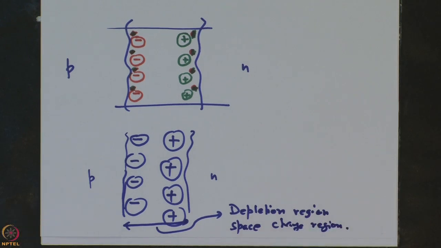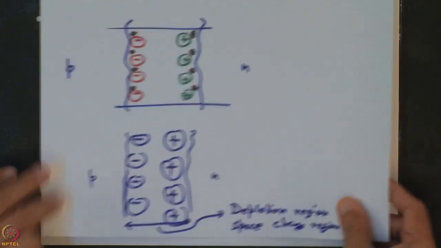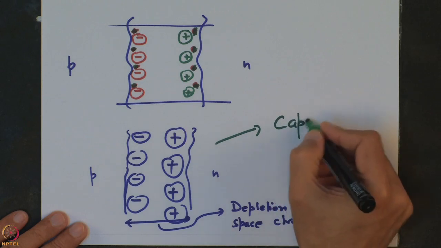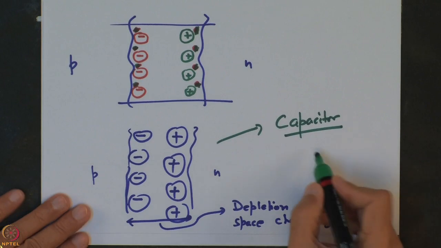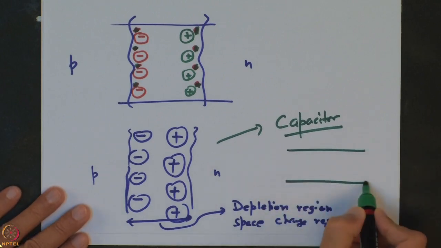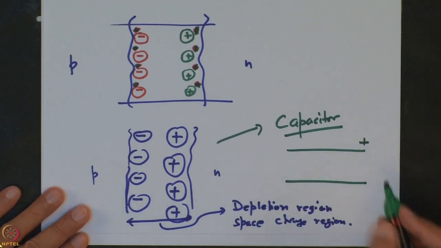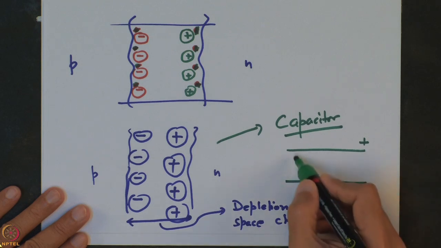Now, it is very easy for us to see that this kind of a structure is nothing but a capacitor. And we all know that a capacitor, let us say this is the positive plate and this is a negative plate, it will have a field.